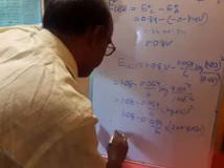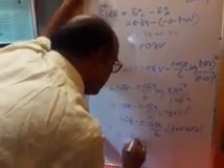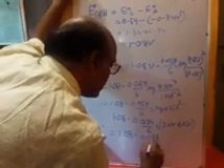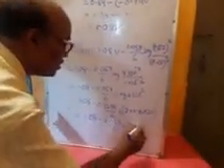So in this way, 1.08 minus 0.059 by 6 into 2.6021.